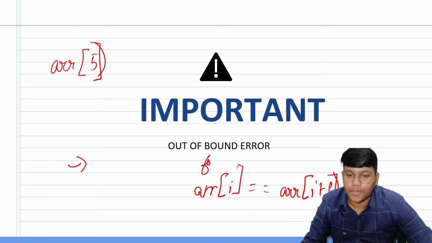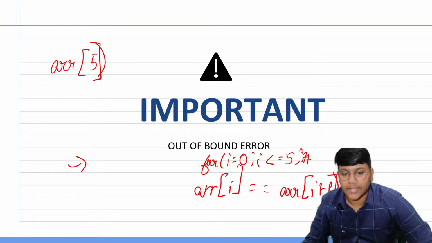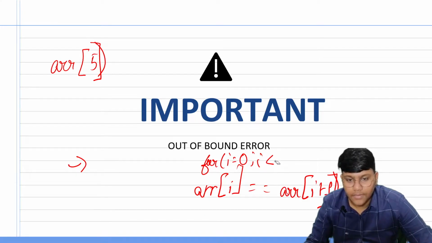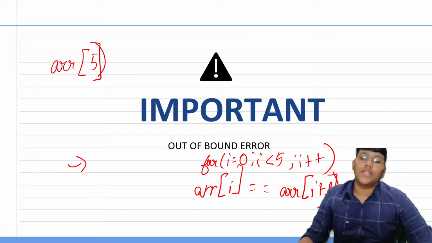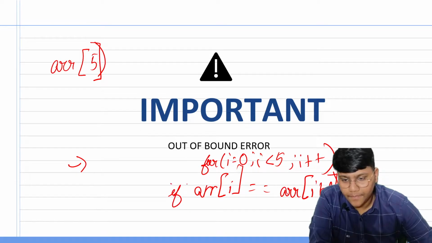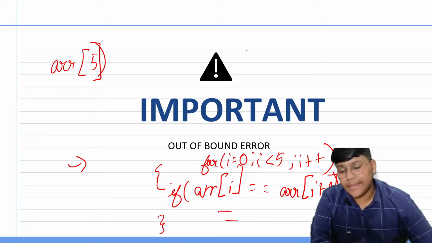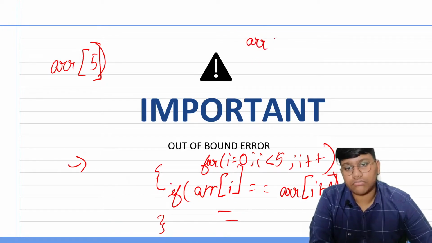For example, if ARR I equal to ARR I plus 1, and loop I equal to 0, I smaller than or equal to 5, I plus plus. When this loop runs, the first time it will check ARR 0 equal to ARR 1.